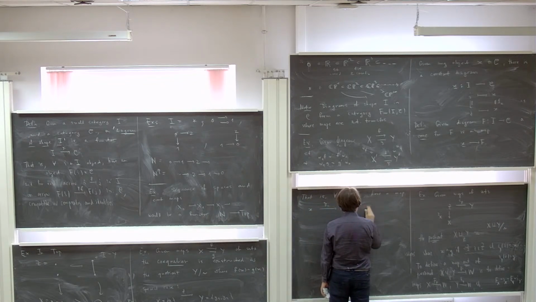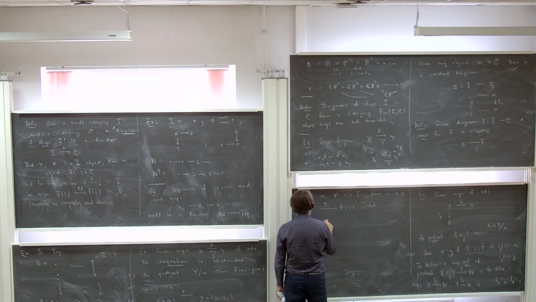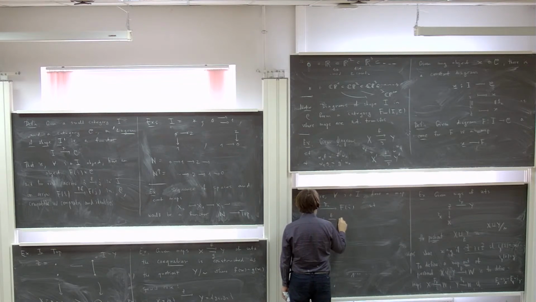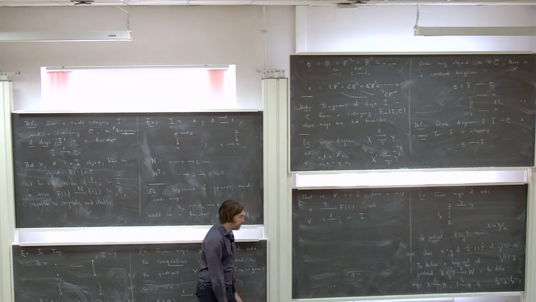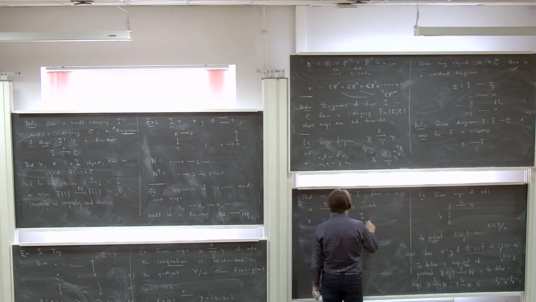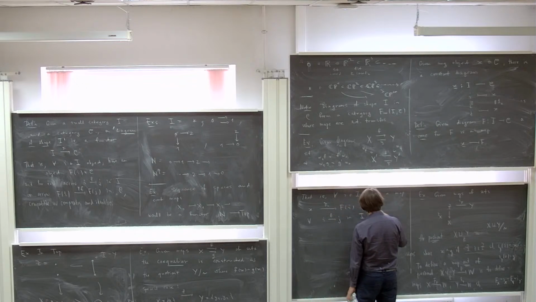And such that for all maps in I, the following diagram commutes.